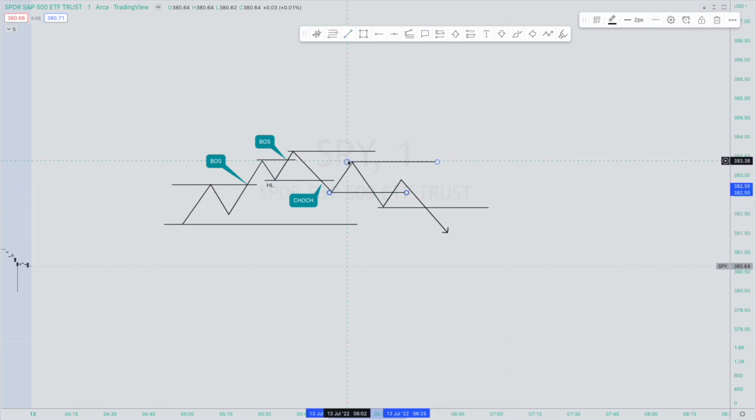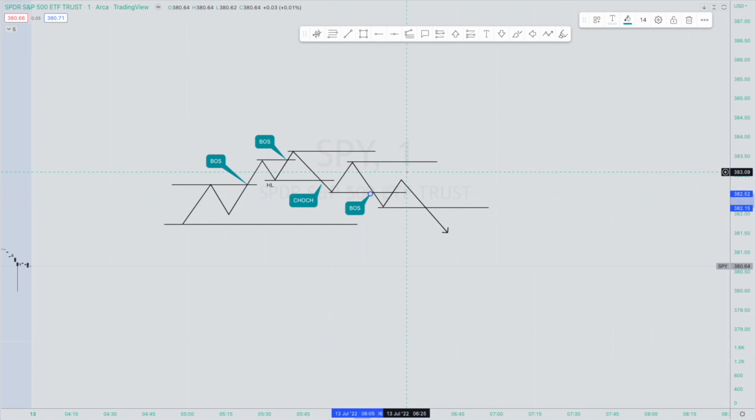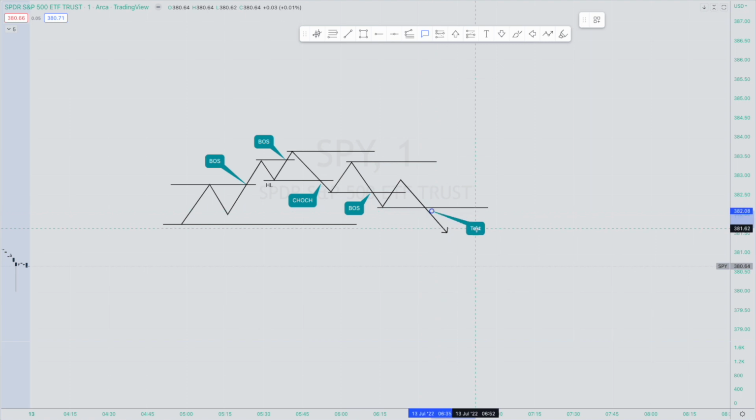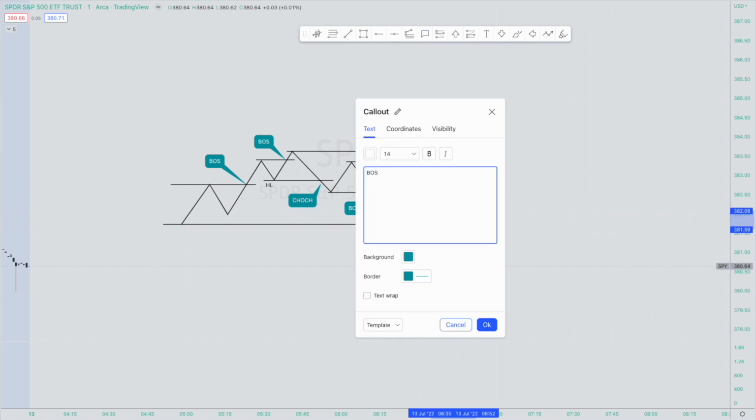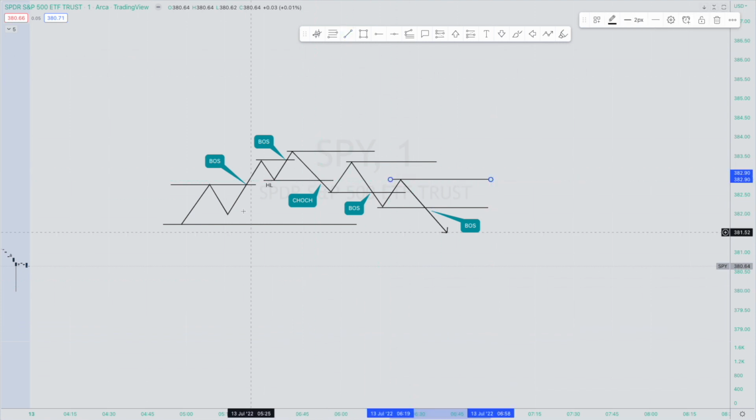So this is your low, here's your break of structure right here. So there's your break of structure. And then, you had a break of structure right here too. And right here.